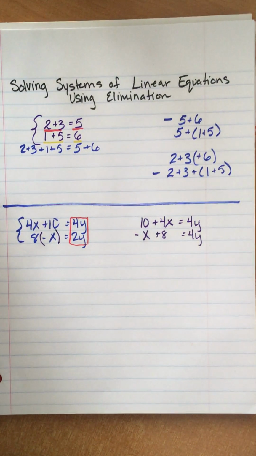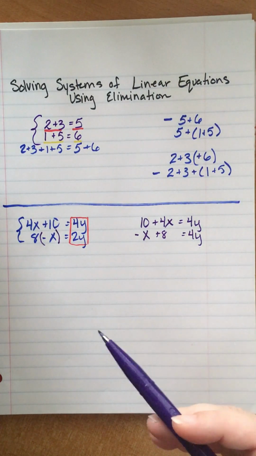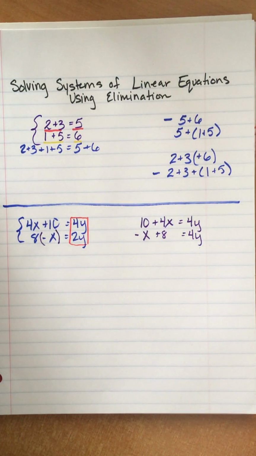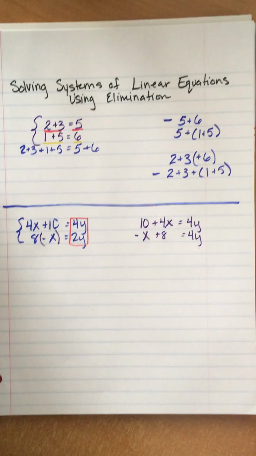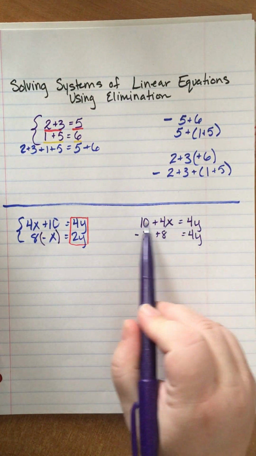Then you're going to choose whichever one you're most comfortable with. I like to not rearrange the equations with the negatives, just because I find you're more likely to make the mistake of missing one or rewriting one. So I'm going to rewrite it with this top one rearranged.